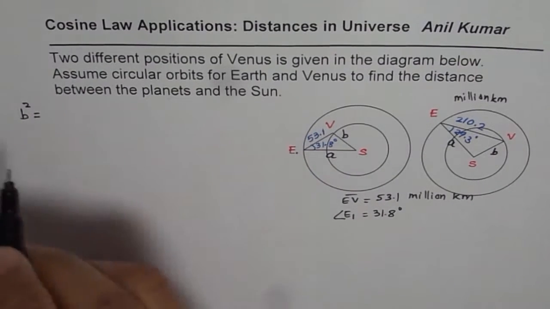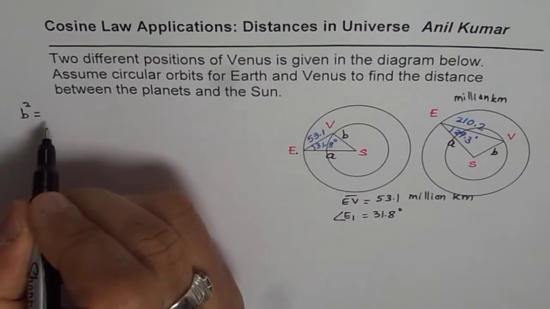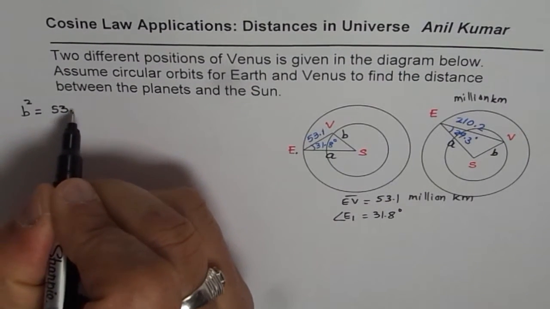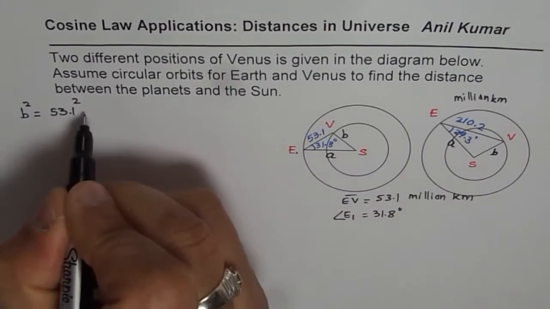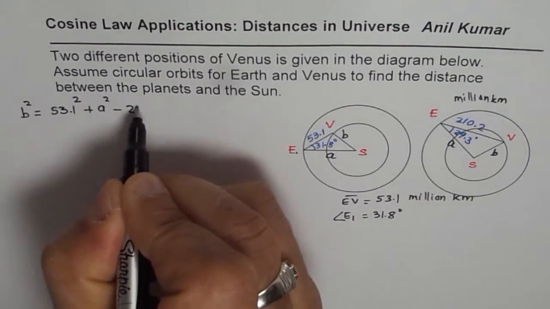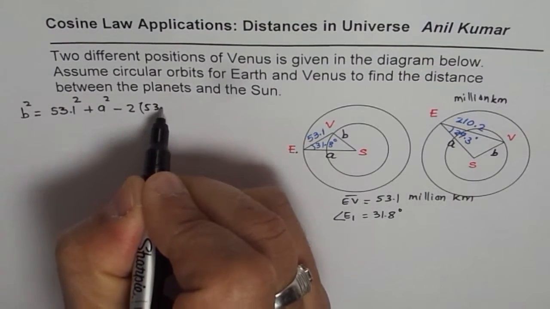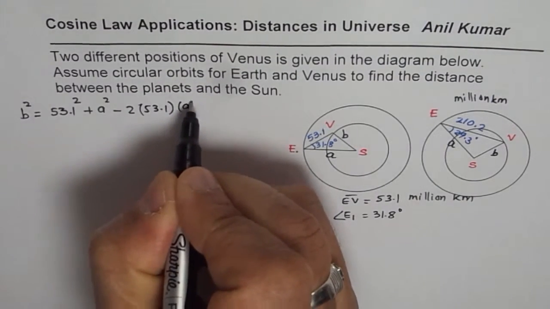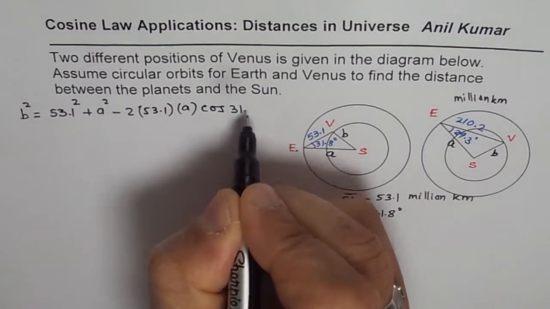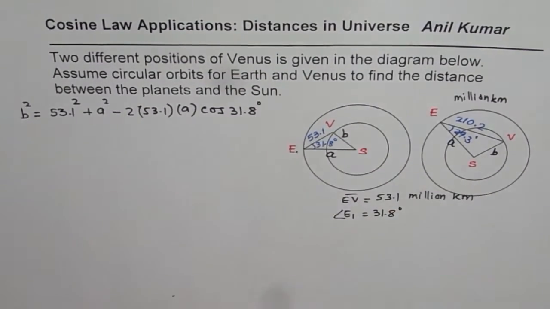That is cosine law. So I'm straight away writing the values here: 53.1 square plus A square minus 2 times 53.1 times A times cosine of 31.8 degrees.